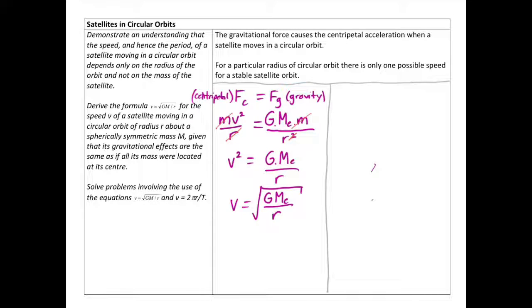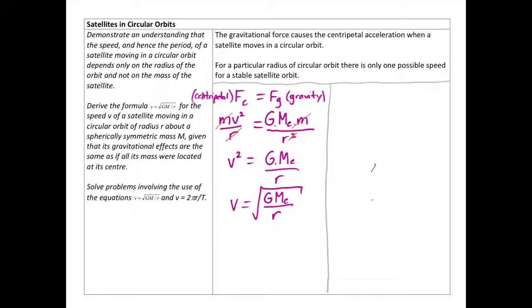Okay, the bottom one here says solve problems using the equations v equals the square root of GM on r and v equals 2 pi r on period. So basically it's mainly about problem solving. But what I'm going to show you is another derivation, which is one that you will commonly use or need to do and helps you understand how you do these problems.